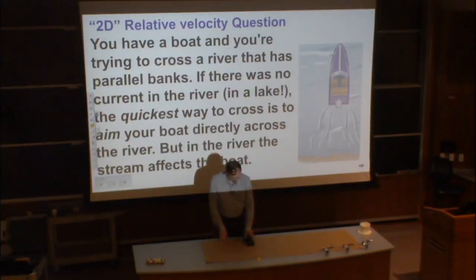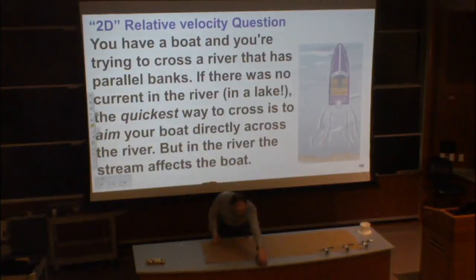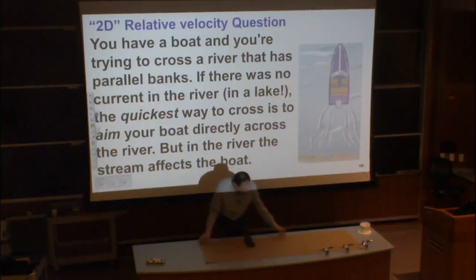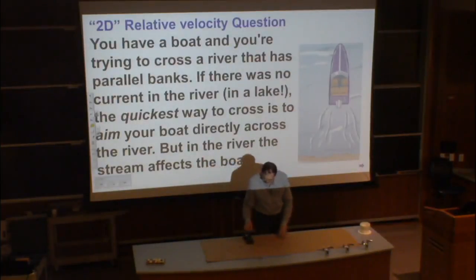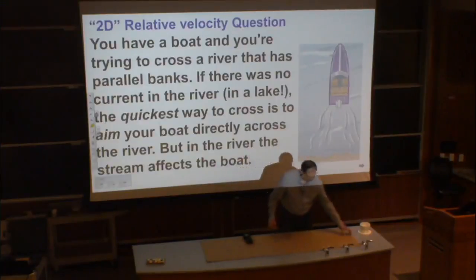Let's assume this is a lake. Always have a backup. Now, what difference would we see if that would have been a river?